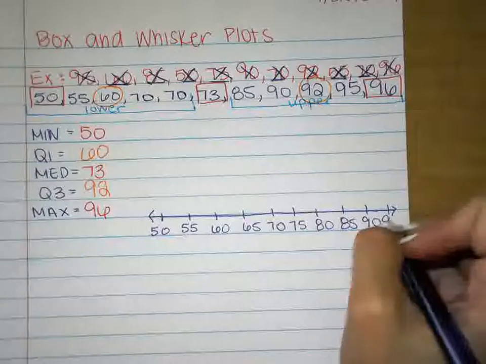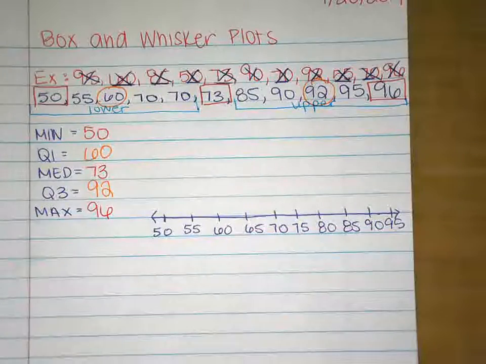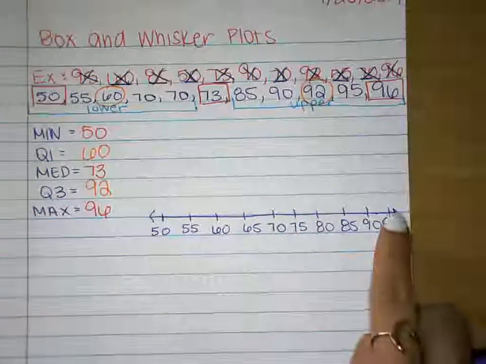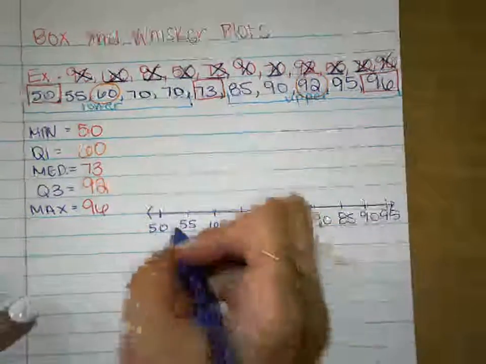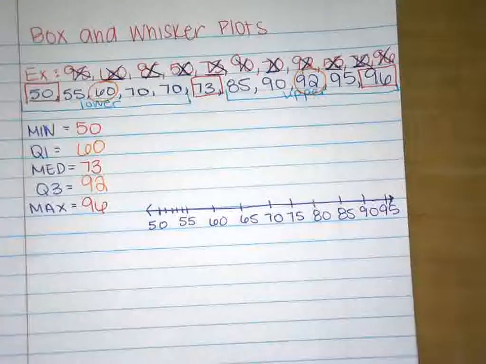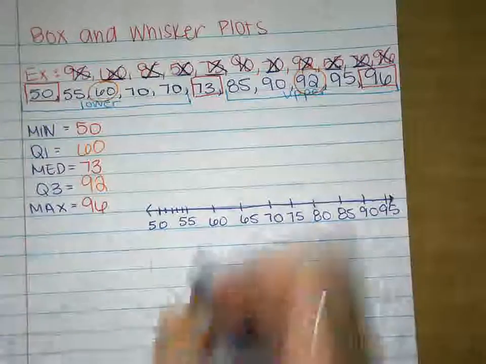85, 90, 95. I see that my largest number is 96, so I'm going to put a little tally mark right there for 96. And then I'm going to count 51, 52, 53, 54, but I'm not going to write those numbers in.